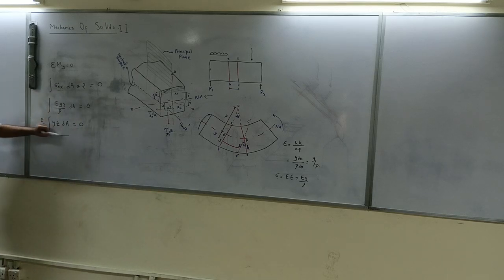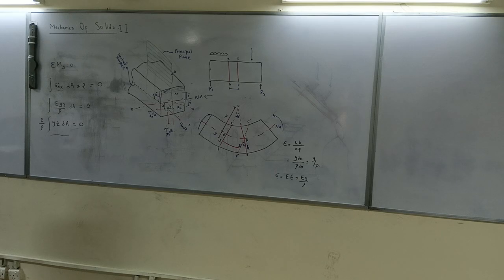Now, what is this: y times z dA? Have you ever come across this one? In your engineering mechanics, you have done moment of inertia and first moment of area. And this is something called product moment of area.